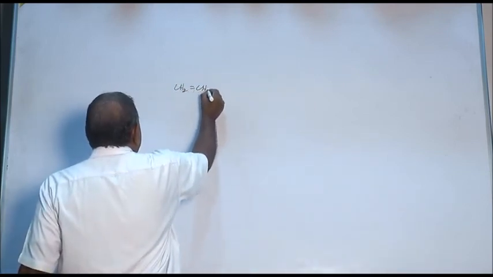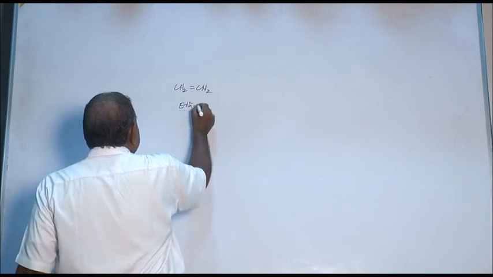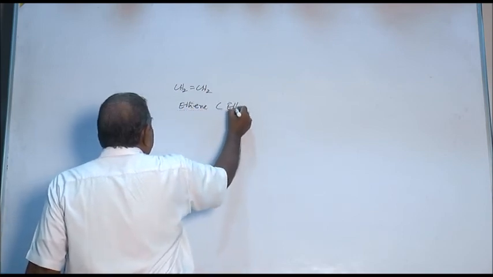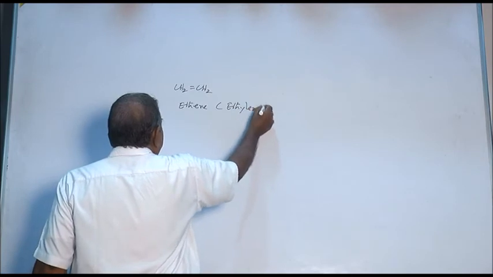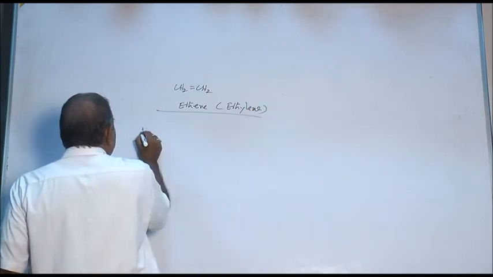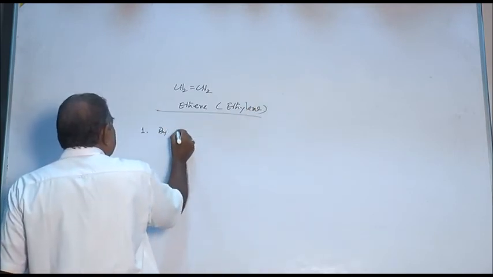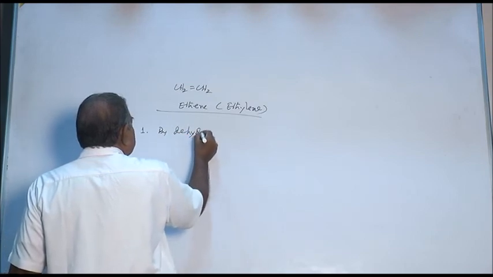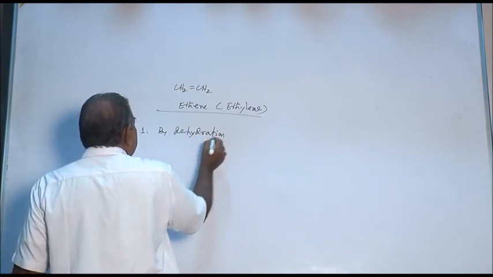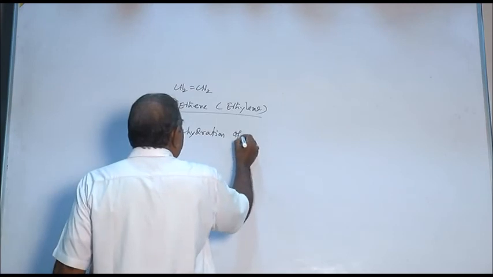Ethene, its common name is ethylene. Number 1 method of preparation is by dehydration, means water will be removed. Dehydration of alcohol.